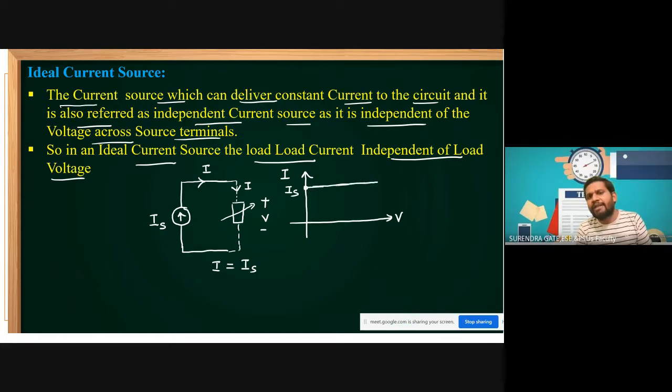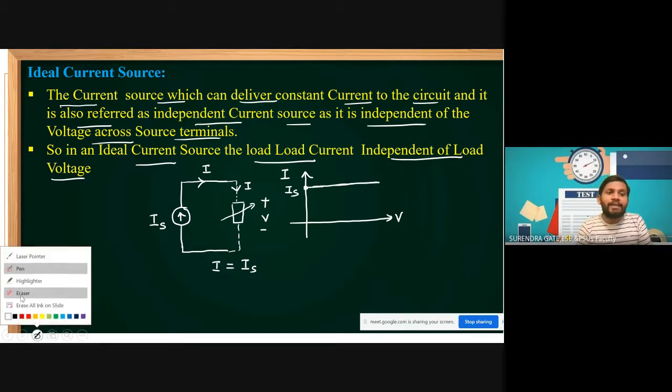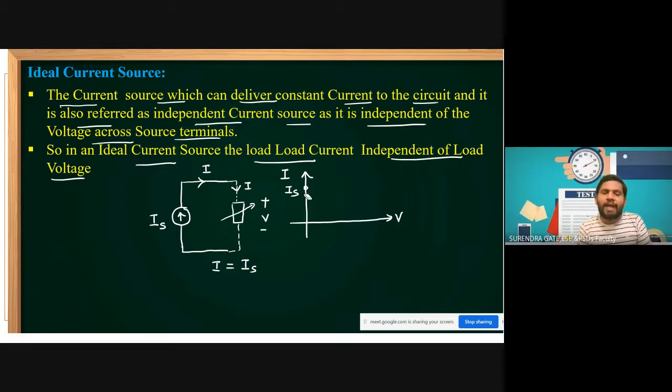I equals Is always. The load current is always Is only, independent of the load. You can increase the load or decrease the load. In the case of an ideal current source, the load current is always Is only. That constant current is supplied by the ideal current source.